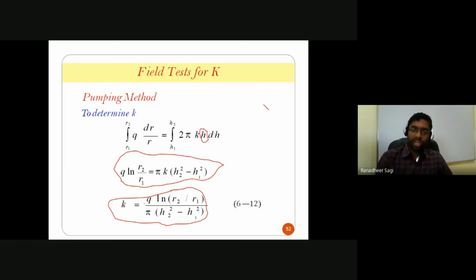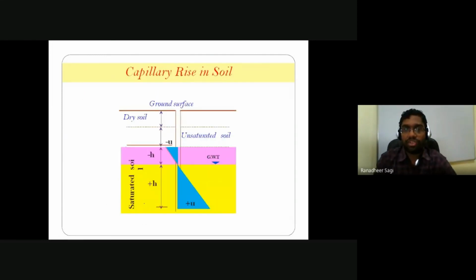In the case of a confined aquifer, we have seen earlier. In the case of an unconfined aquifer, we can calculate based on this test. Apart from the lab tests and field tests we have talked about, there are some other indirect approaches by which you can determine the coefficient of permeability, like from empirical relations or from the consolidation test.